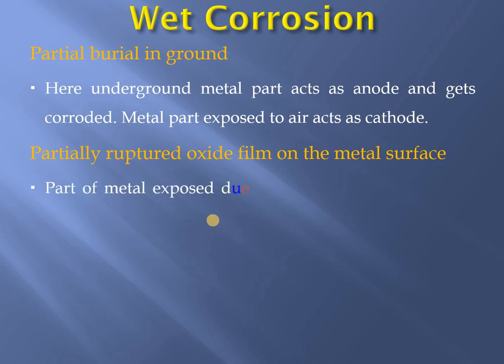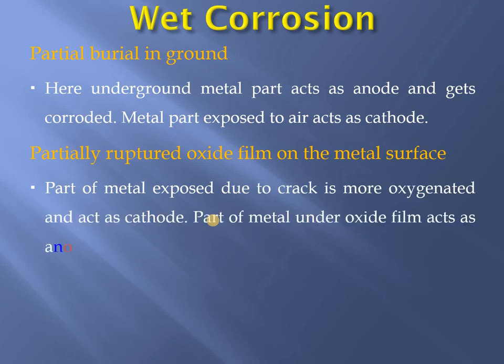When there is a metal surface covered with an oxide film and this oxide film is ruptured due to wear and tear, in this case the part of the metal which is under the crack, which has the ruptured metal oxide film, will be more oxygenated and will act as a cathode, while the part of the metal which has metal oxide on its surface will be less oxygenated and will act as an anode and will undergo further corrosion.